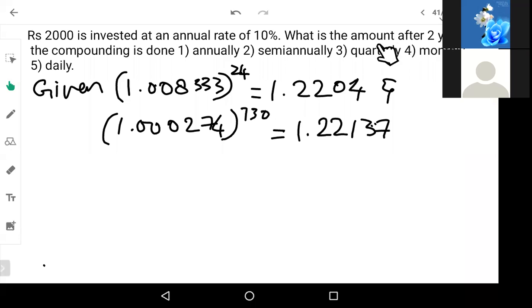Okay. And in the question, you will get some data like this. This will be helpful in solving the questions. So we will see how that will be helpful in solving the questions. So let us start the solution.